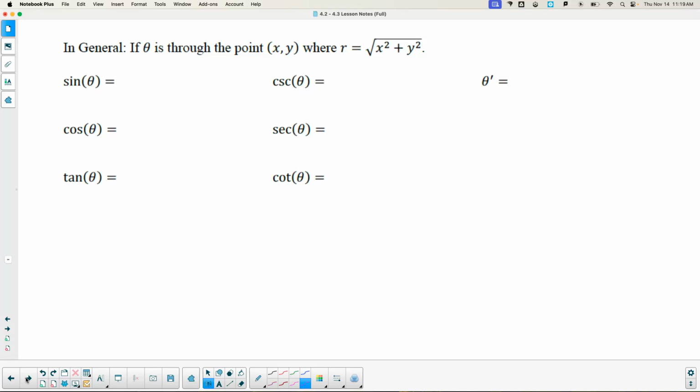Then the sine of theta is y over r, which means the cosecant of theta is r over y.